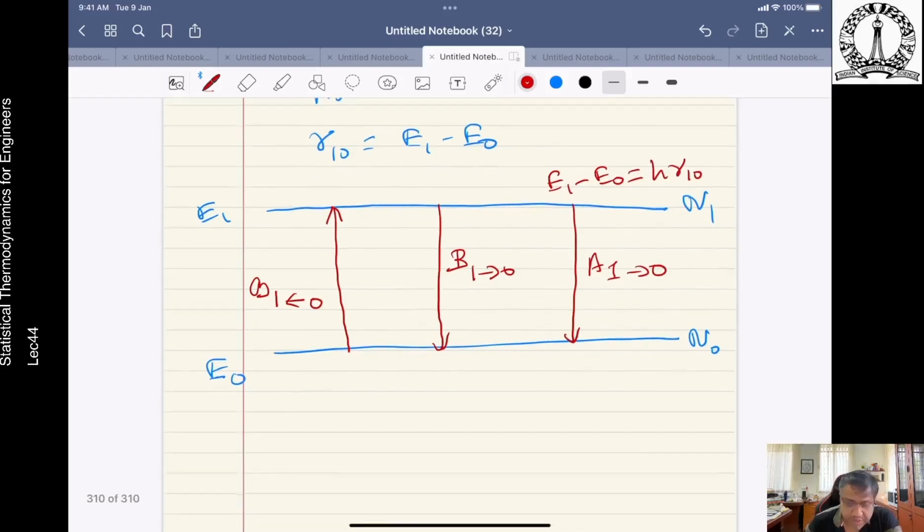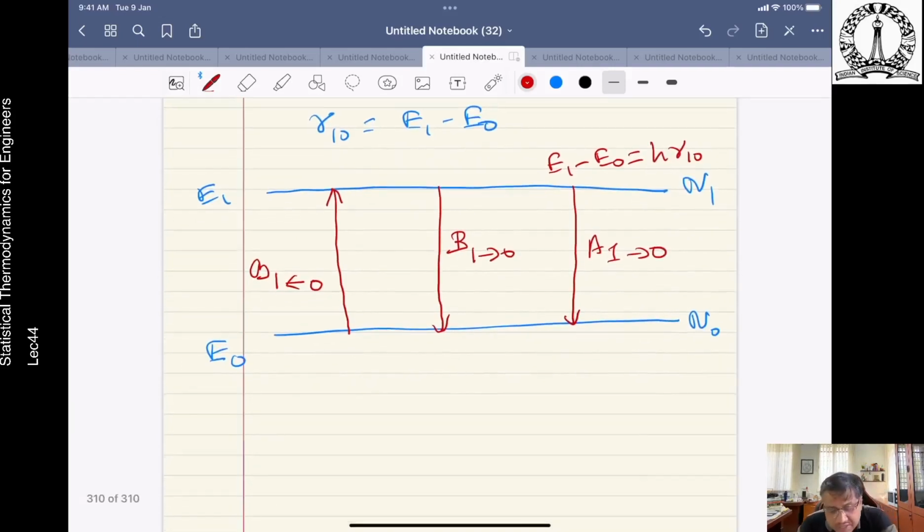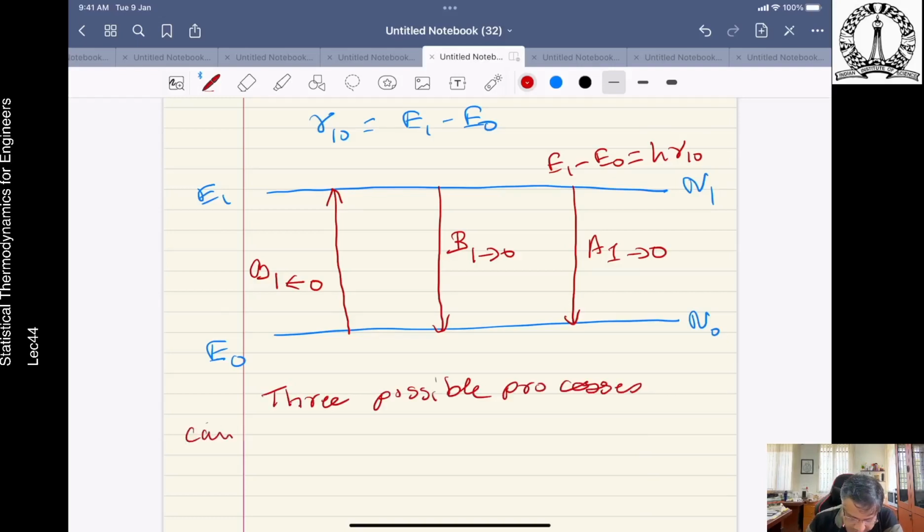Because the system is in thermal equilibrium, there are three possible processes that can change the state of the system from E0 to E1 or from E1 to E0.